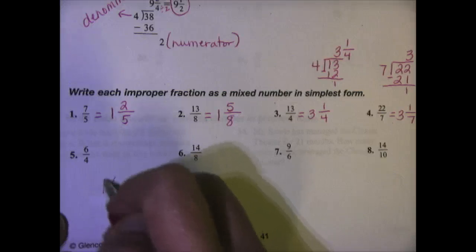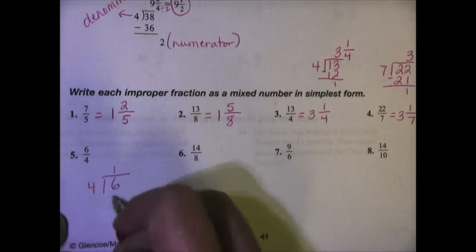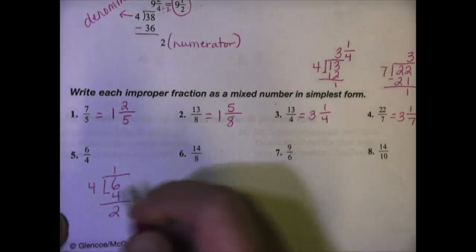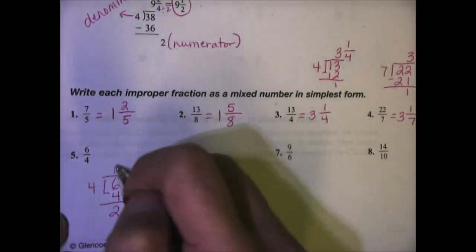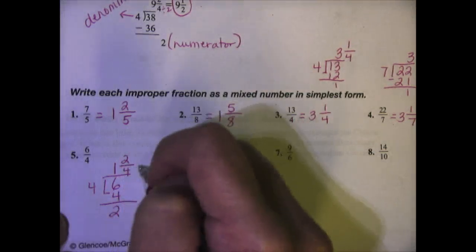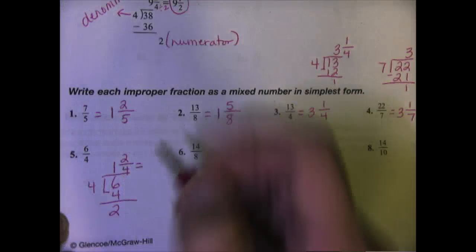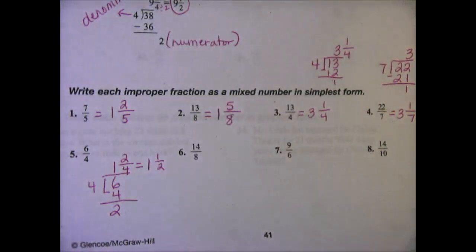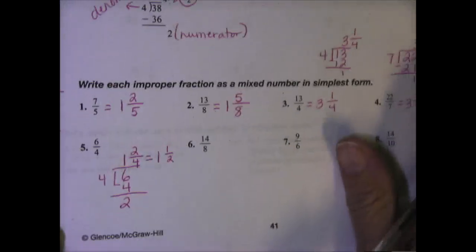So 6 divided by 4. 4 goes into 6 one time. 1 times 4 is 4. 6 minus 4 is 2. It goes into 6 one time with a remainder of 2 over 4, but I need to simplify 2/4 to 1/2, so 1 and 1/2. Just remember that you need to make sure you always simplify everything to the simplest form.